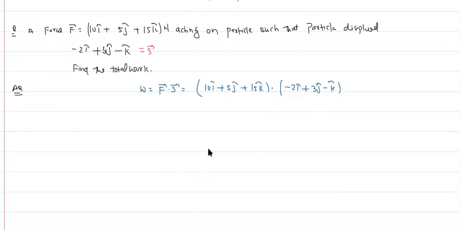So this is 10 into minus 2 plus 5 into 3 plus 15 into minus 1. So this is minus 20 plus 15 minus 15, which is minus 20 joule.